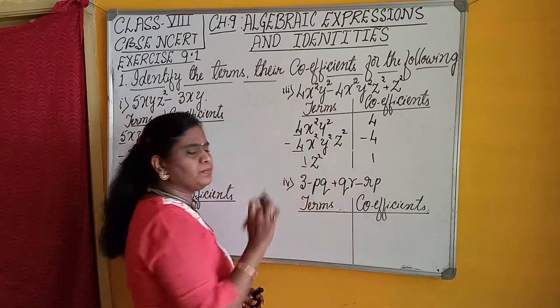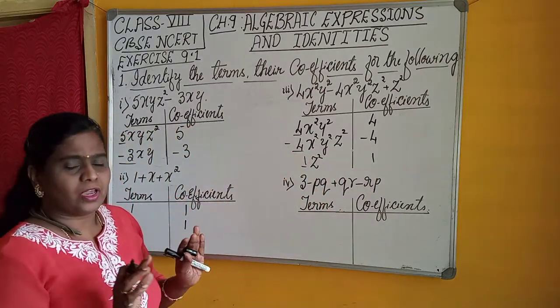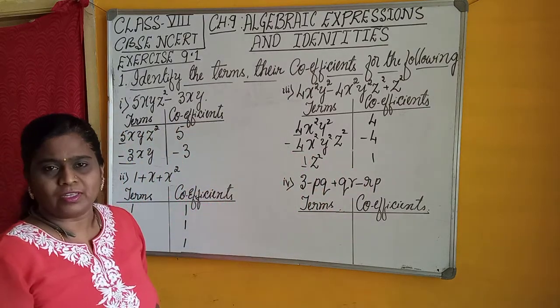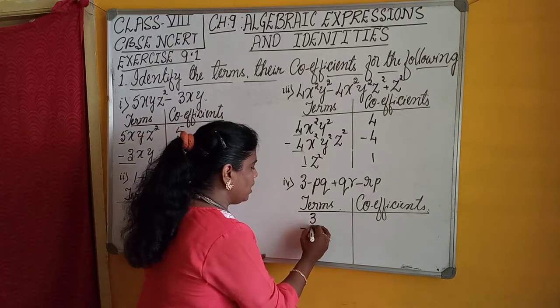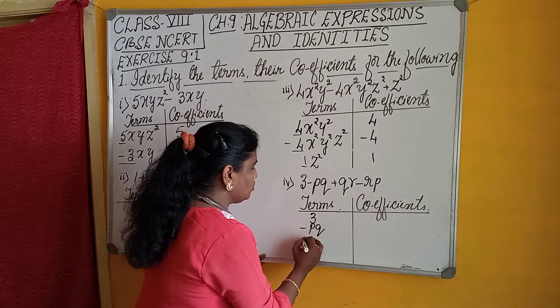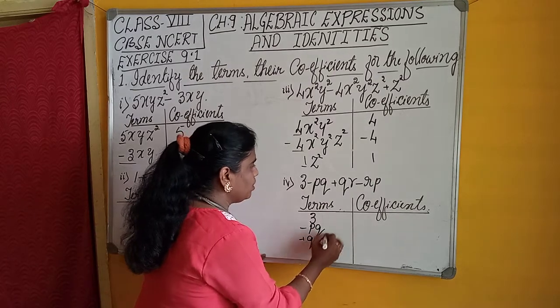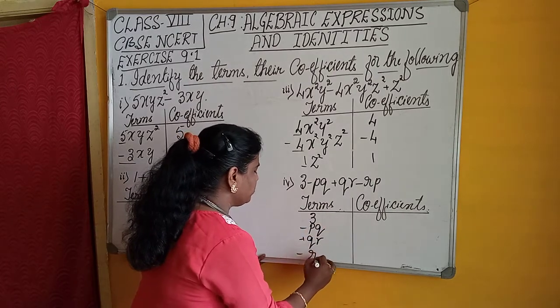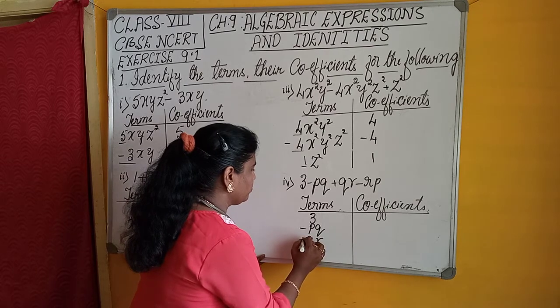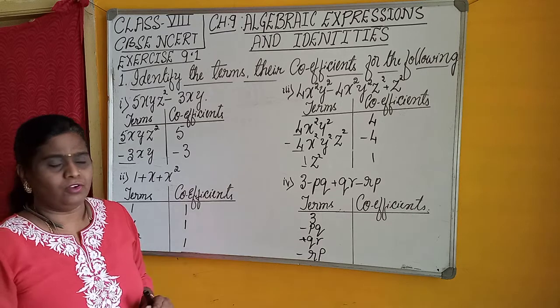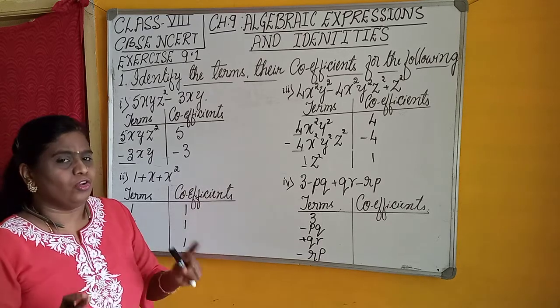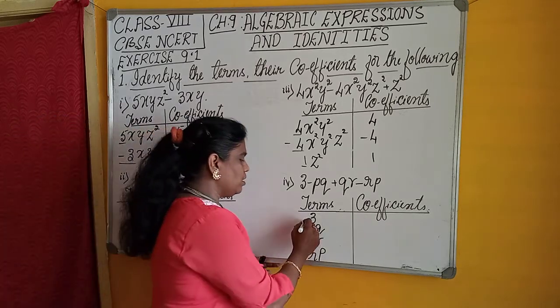Next, in the next problem, how many terms are there? 1, 2, 3, 4 terms are there. You came to understand how to identify the terms. Write those terms here: 3, minus PQ, QR, and the last one minus RP. Now identify the coefficients of these. Coefficients are nothing but the numerical constants.